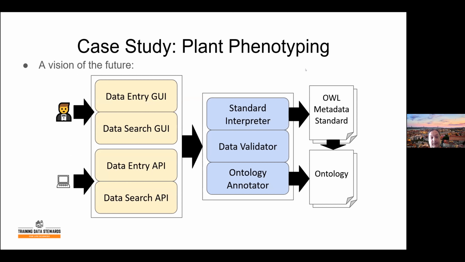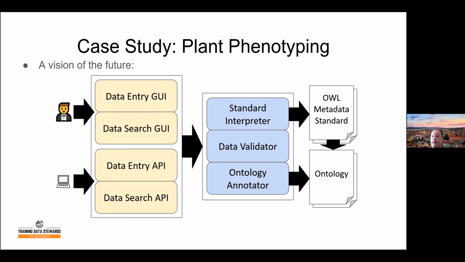So the vision for the future, and this is where I would like to take metadata standards, is to have, in essence, a service that supports both humans and computers with a graphical interface and with smart filling of data that is independent of the standard.